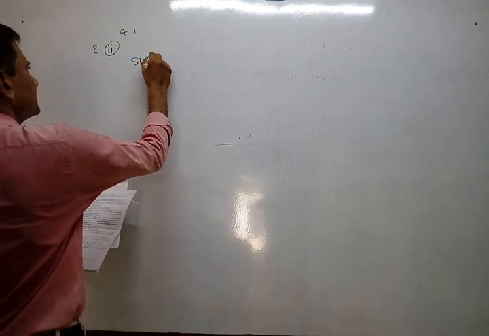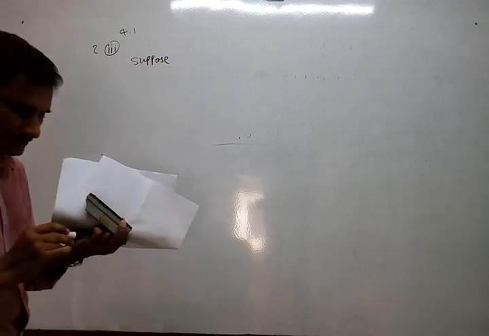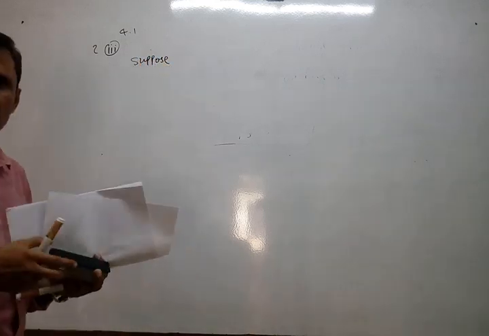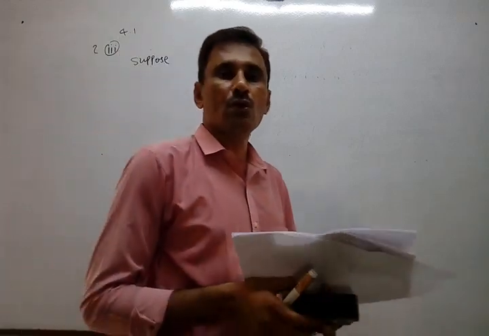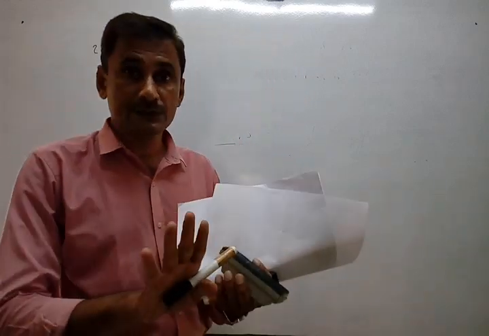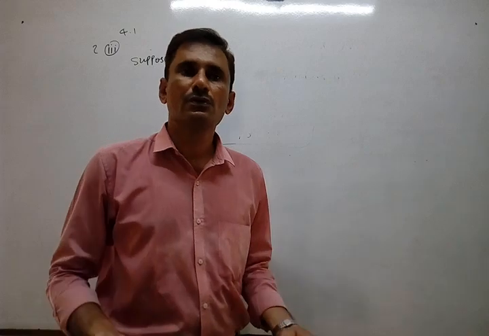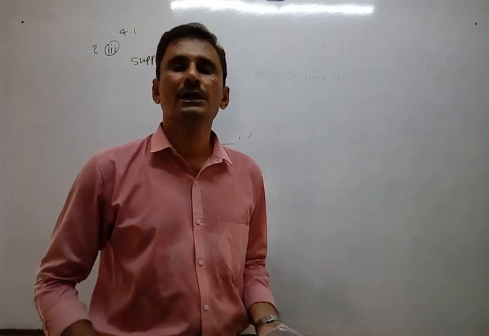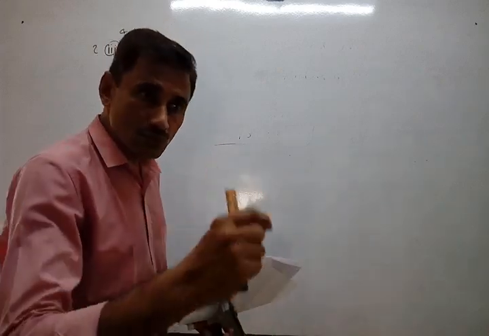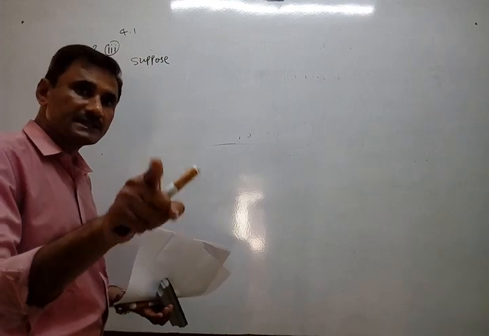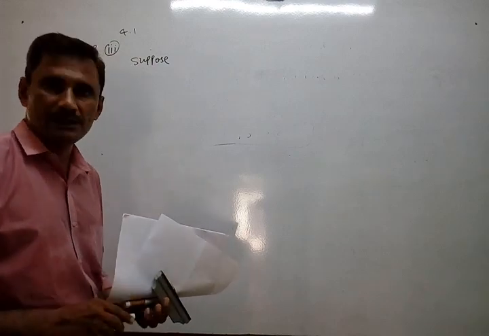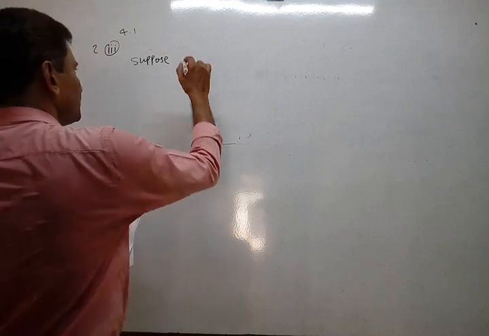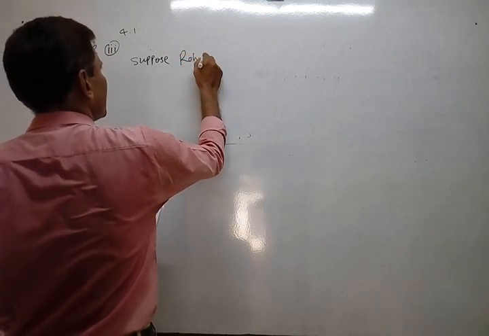Suppose Rohan's present age is x years. Don't write only Rohan equal to x. It is not clear what Rohan equal to x means. So Rohan's present age is x years. Unit should also be there.